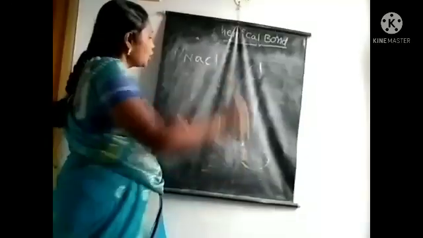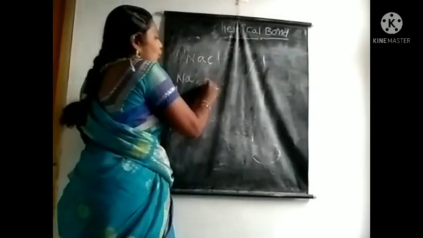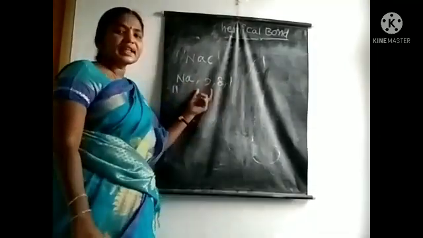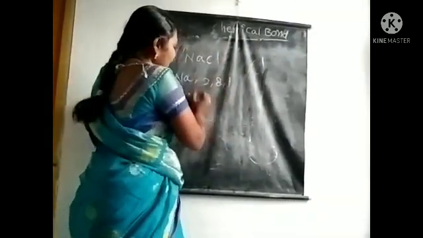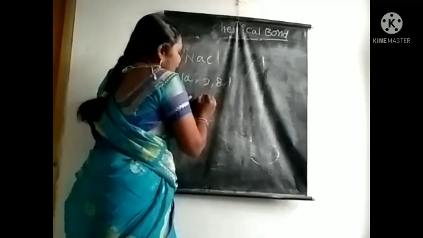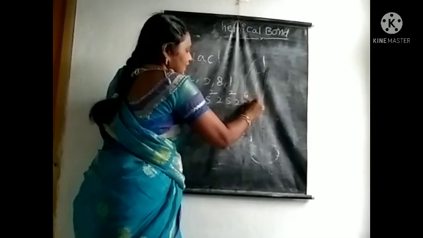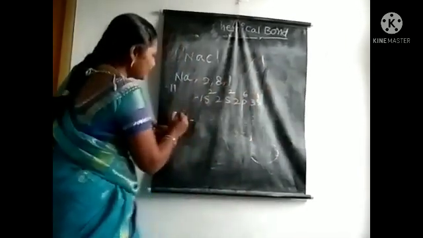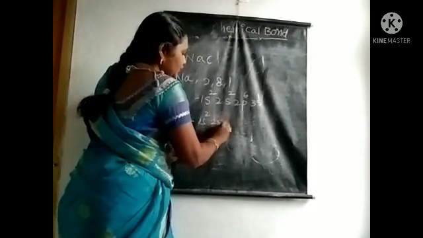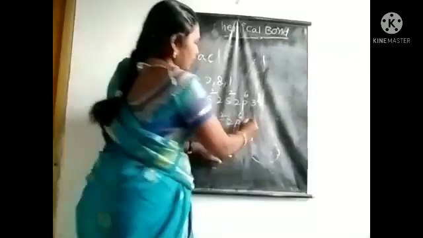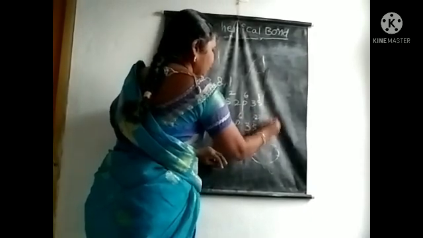NaCl. Here you observe the configuration of Na. Sodium's electronic configuration is 2, 8, 1. It is ready to give one electron to chlorine. Write down, children: 1s2, 2s2, 2p6, 3s1. Like that, chlorine, atomic number 17: 1s2, 2s2, 2p6, 3s2, 3p5.